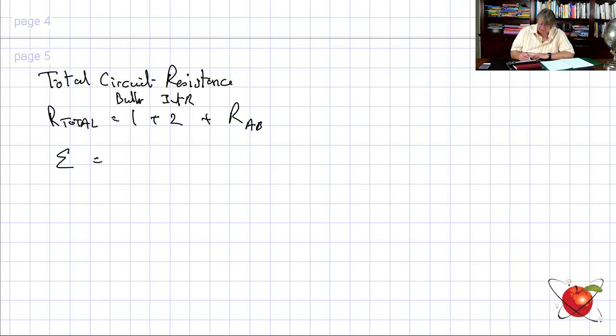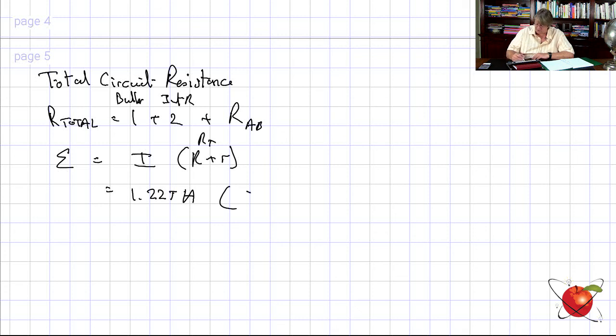Now, EMF is equal to I times R plus little r, or which is R circuit, which is going to be 1.225 amps, that's our maximum, times 3 plus RAB. Correct?